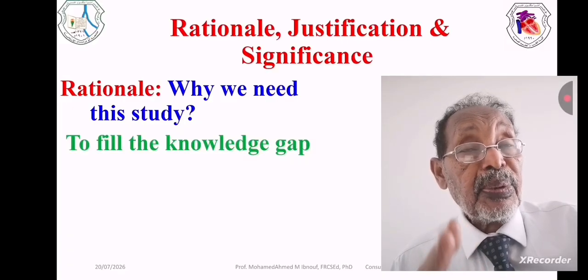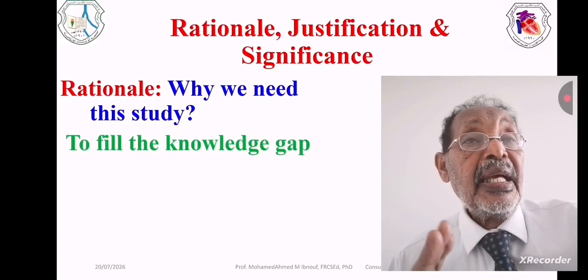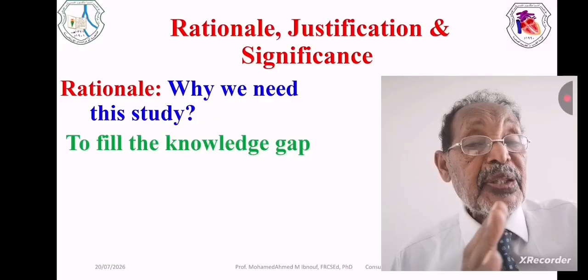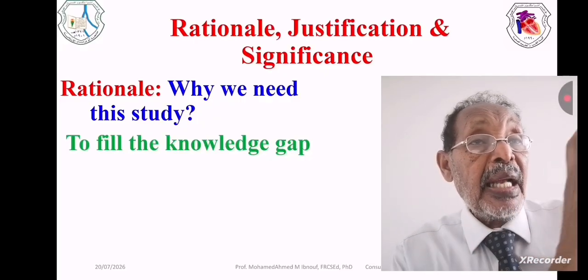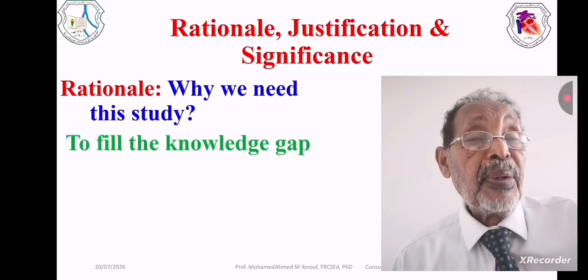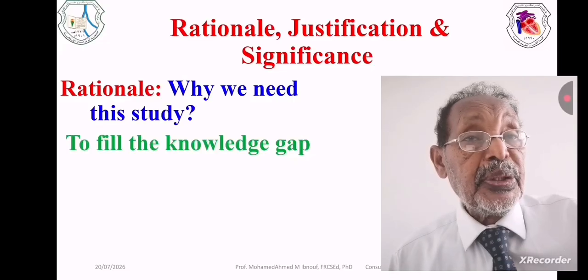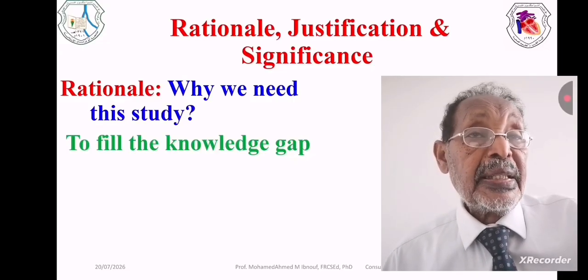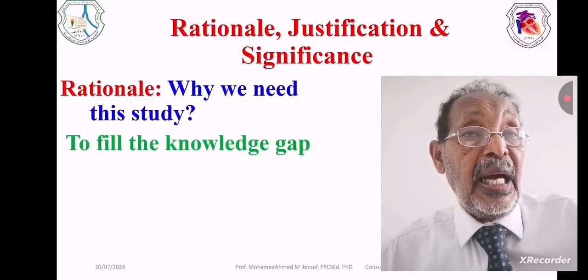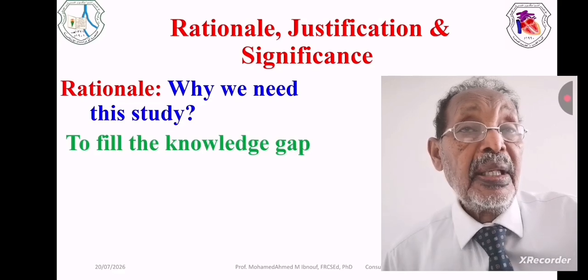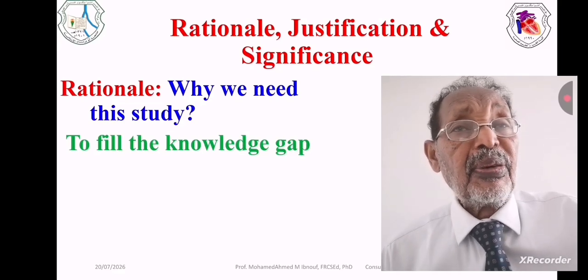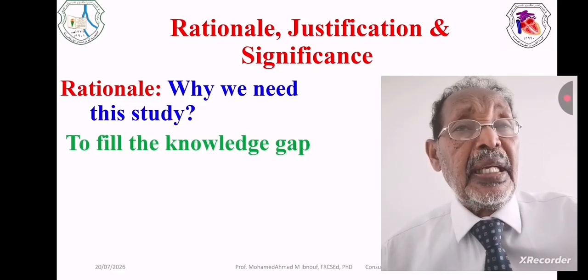And in the pronunciation, we extend the last vowel letters, the last A, rationale. But when the word is written without E, it is rational. We extend the first A after the R, rational. Rational means justifiable, means logical.